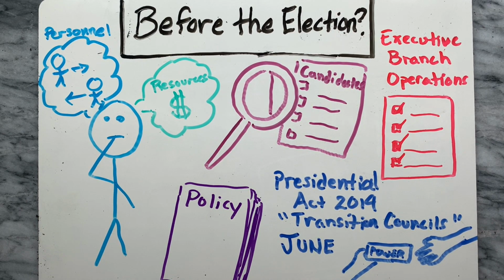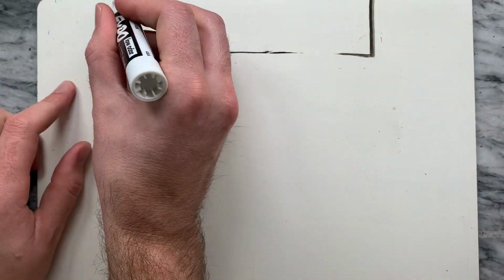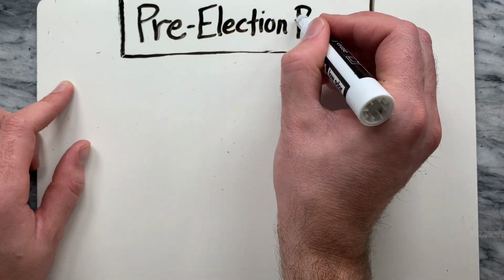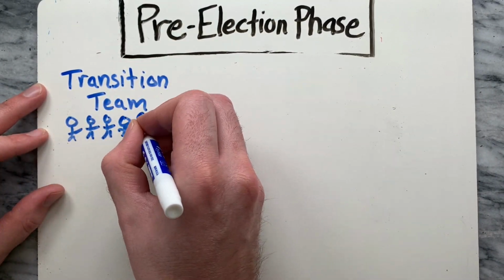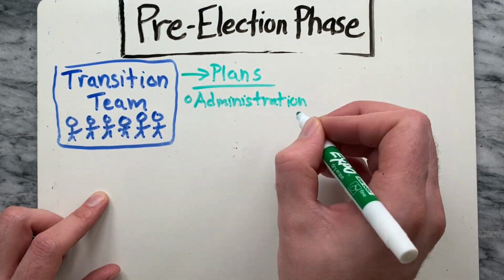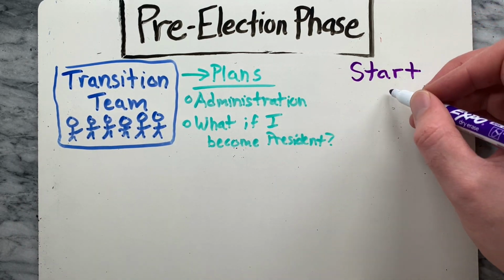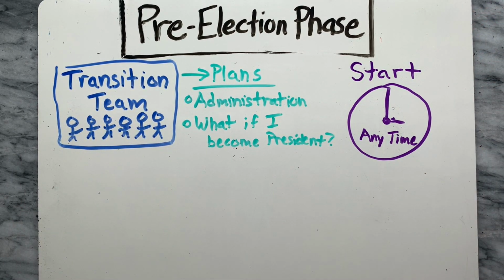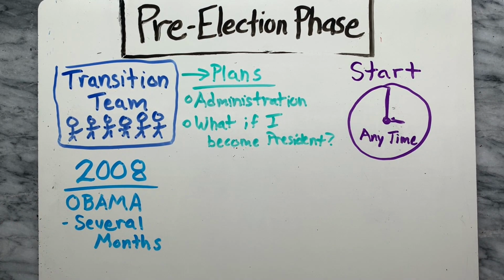Next, let's talk about the pre-election phase of the presidential transition. The transition process begins as leading presidential contenders form a transition team to start making preliminary plans for building an administration and assuming the presidency should they be elected. This can take place at any time of the candidate's choosing. In 2008, the Obama presidential campaign began planning for a possible presidential transition several months before Election Day.